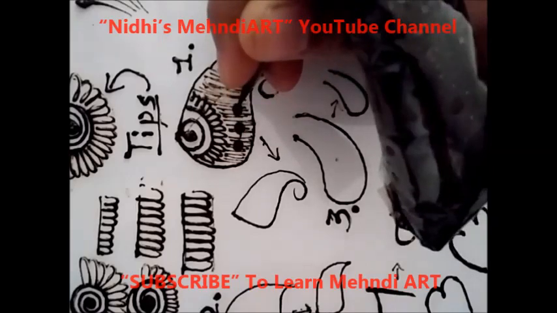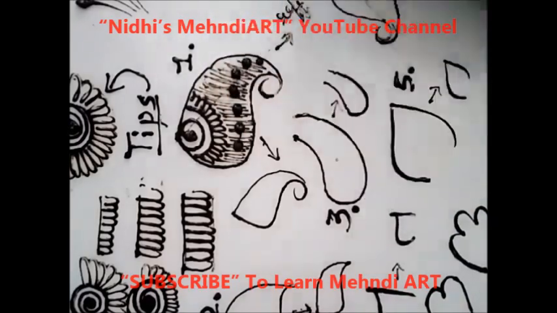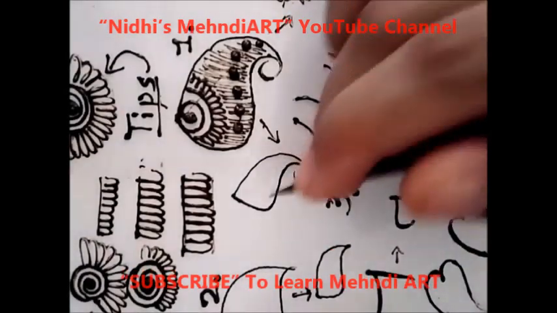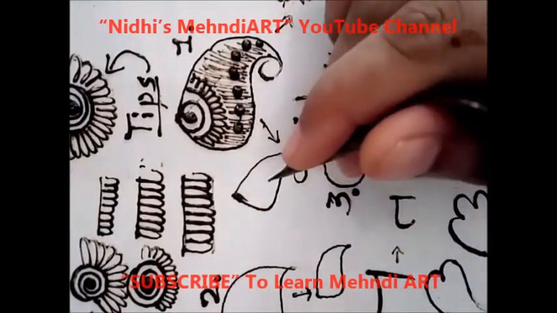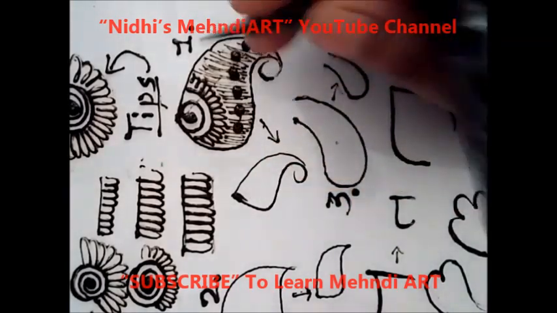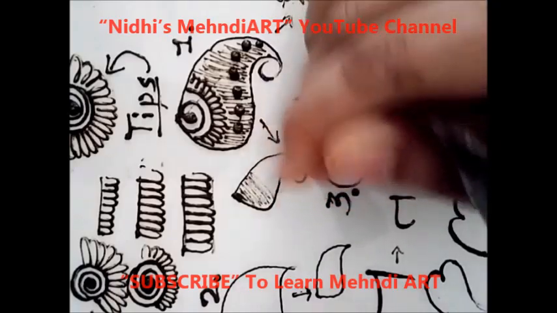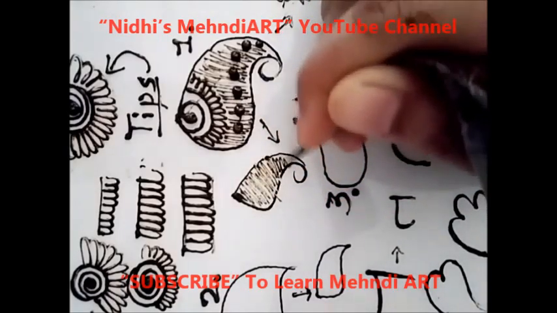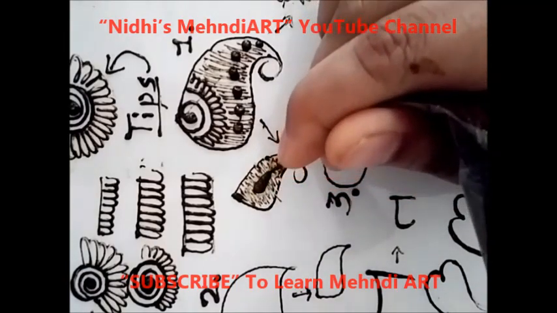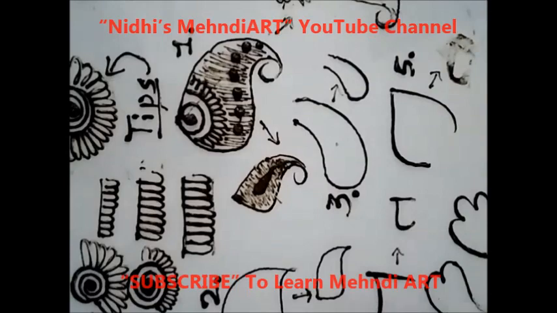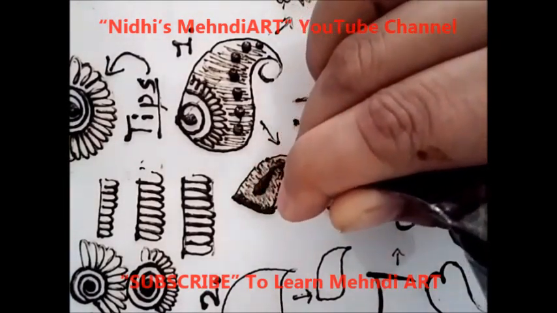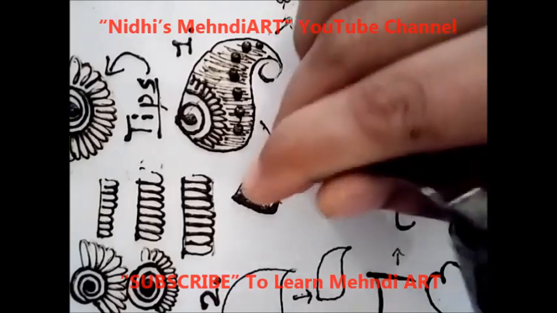Then just make it more attractive, apply big dots. Now if you have created a very small size of the same first shape, then just apply shading, only shading, and then in the middle one draw this thick shape, and again just redraw the outer shape of this design.